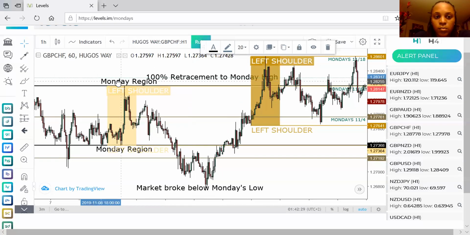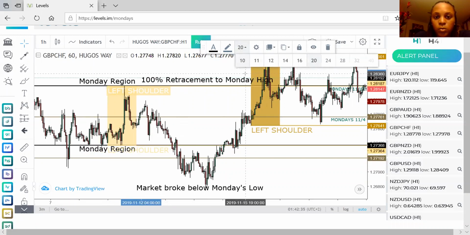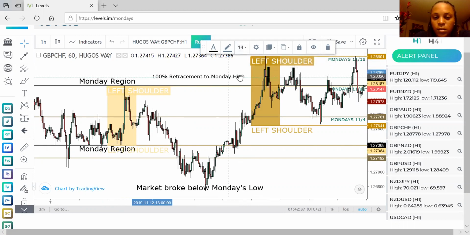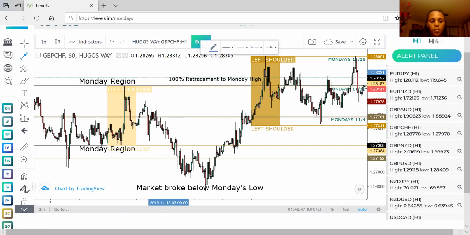So let me just carry this around. Let's just put that here. I'm going to put that there, and I'm going to reduce it in size. I'm going to rest that there, right? 100% retracement to Monday high. So what does that mean? I hope you guys are paying attention.